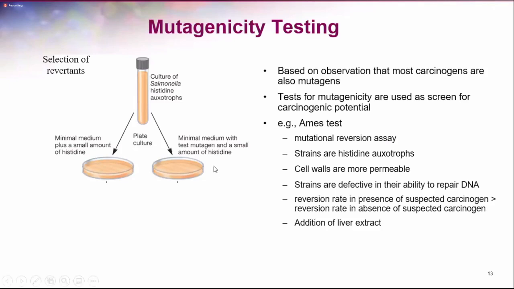So we're going to incubate our Salmonella in presence of a compound that we want to test. So we have the minimal medium, right, which has a small amount of histidine. It has everything else, but a very small amount of histidine so that the cells will run out of it pretty quickly. And then you have the same medium, but now also with the test mutagen.